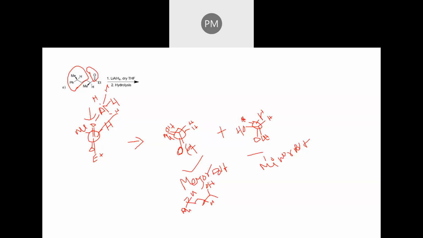This ethyl is intact and hydrogen will be above. So this will be our major product, and the minor product will look like this.